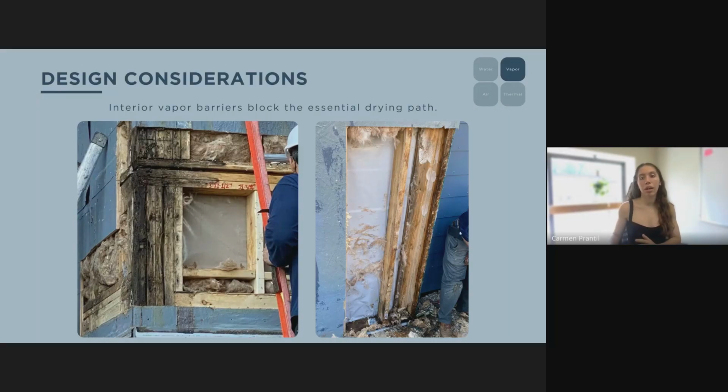The interior warning signs you might be looking for are things like peeling paint, interior finishes being damaged, warped floorboards, not necessarily a leak or bulk water. Those are masked and delayed when you have an interior vapor barrier, essentially prohibiting the moisture from getting to the interior and showing those signs.